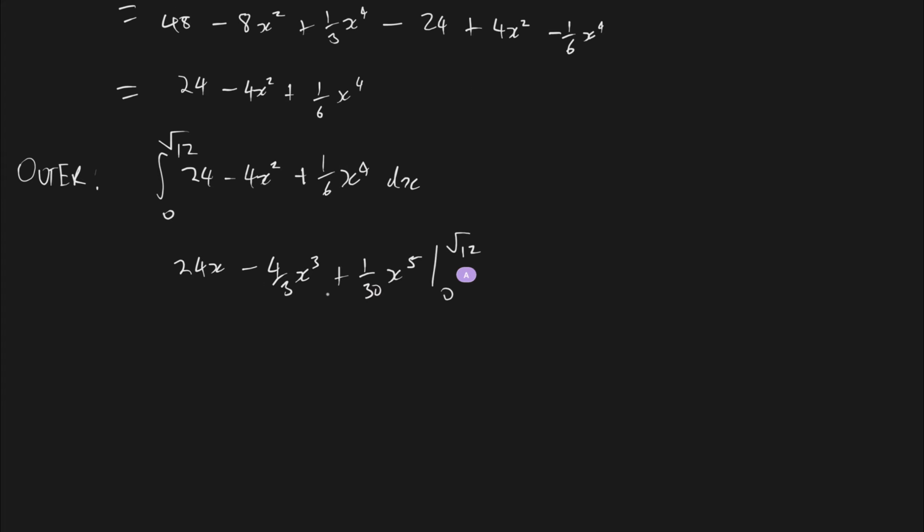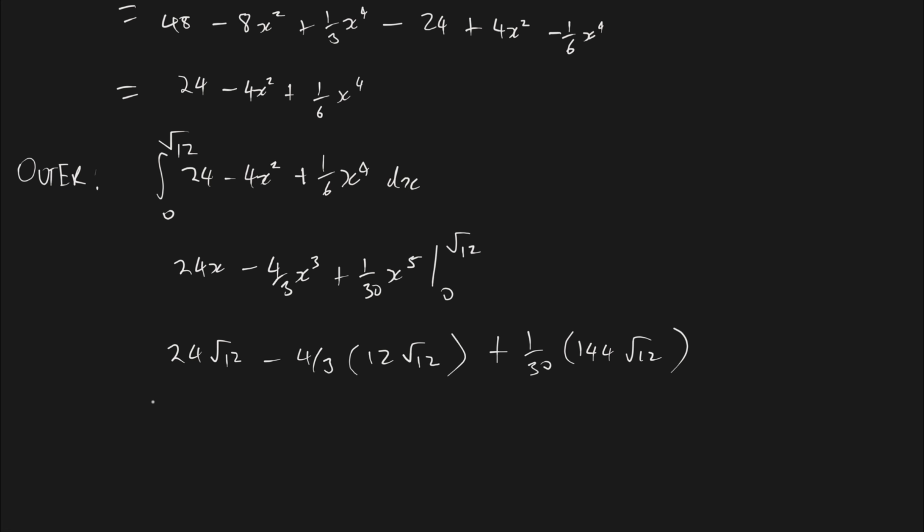Okay, so look, all the terms contain x, so the lower bound expression is just going to equal 0, so we just have to evaluate the top. So it's going to be 24 root 12 minus 4 over 3 times 12 root 12 plus a 30th. We're going to have 12 times 12, 144 root 12.